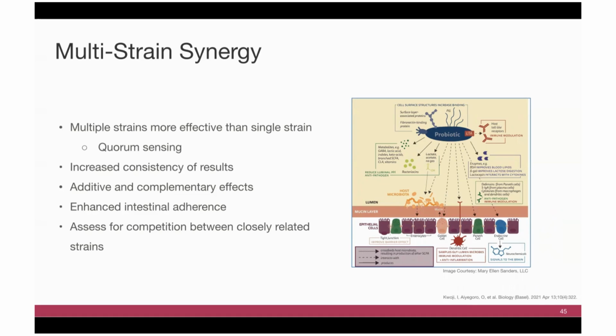Studies looking at single strain supplementation versus multi-strain supplementation have consistently shown greater benefit with multi-strains. The hypothesis behind this is this concept of quorum sensing, which is the cell-to-cell communication. And it's based on the production, secretion, and detection of small signaling molecules given off by microbes.